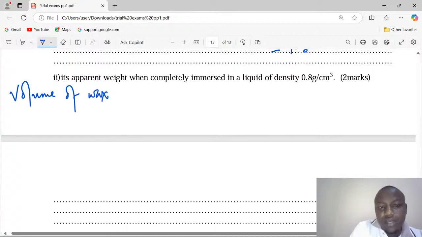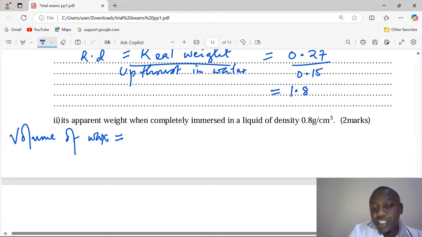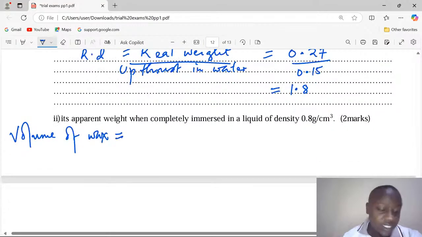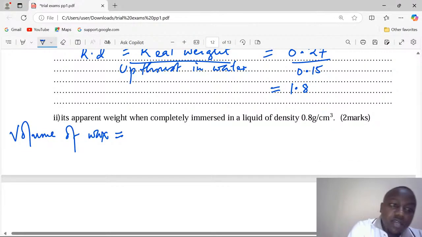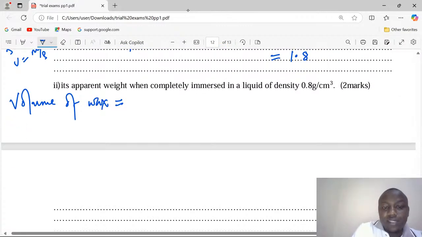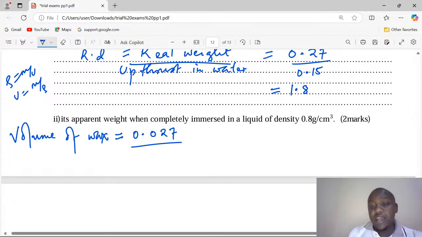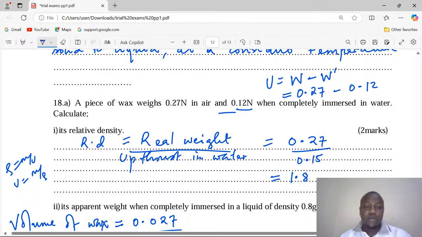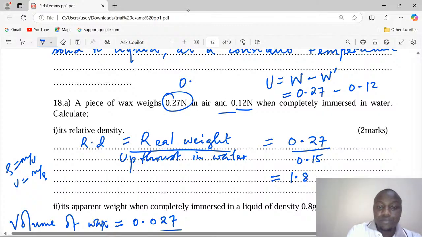The volume of the wax shall be given by its own density with respect to that of water, because the meaning of relative density is the density of a substance with respect to the density of water. We say density is mass over volume, so volume is mass over density. Its own mass is 0.027, because the weight is 0.27, and when we divide by G we get 0.027.